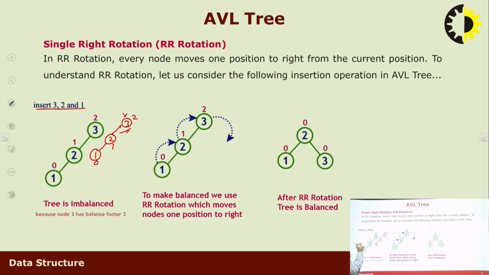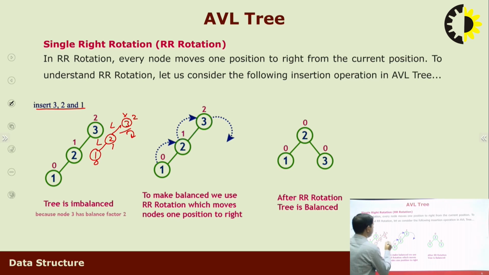Now tree is unbalanced when we inserted node 1. Then in that case, where tree is unbalanced, we will go that node to that node due to which tree is unbalanced. That is left. 2 is the left of 3 and 1 is the left of 2. We are getting 2L.